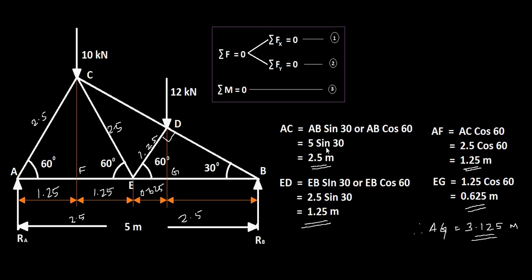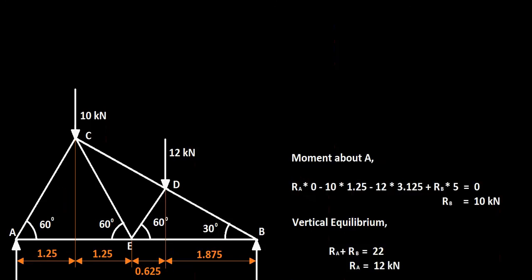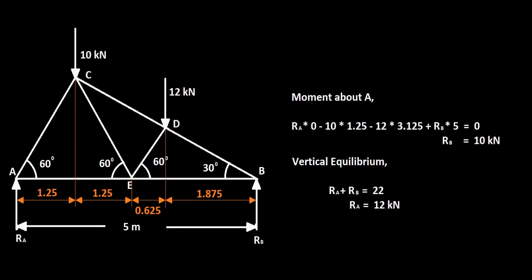So for the moment equation, you have Ra into 0 because that's passing through the point A, minus 10 into 1.25 minus 12 into 3.125 plus Rb into 5 equal to 0.